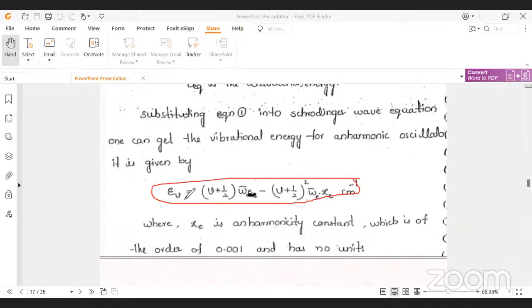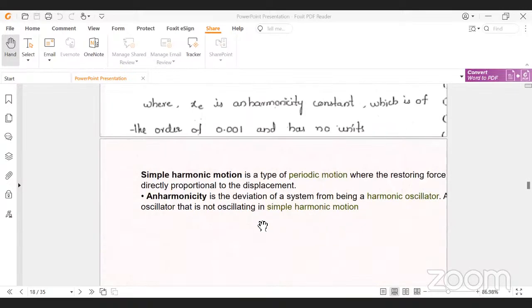Previously, E_v is equal to (v plus 1 by 2) w_e, which is the equation for harmonic oscillation, and this one is for anharmonic oscillation. Where x_e is the anharmonicity constant, which is of the order of 0.001 and has no units, and v is the vibrational quantum number.